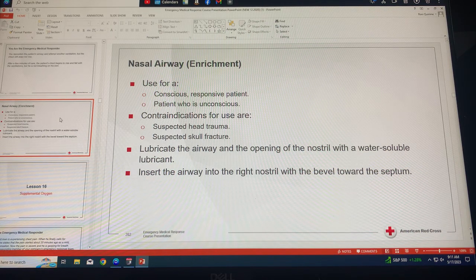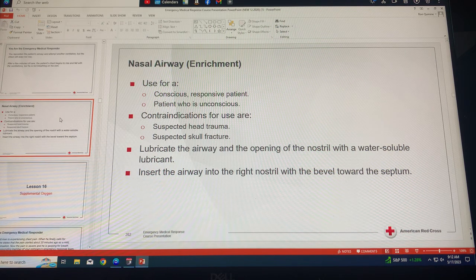If you use the left nostril, you need to ensure that the bevel is inserted toward the septum and the NPA is rotated as you advance it, similar to the OPA, okay? So we have here the nasal airway, used for a conscious responsive patient or a patient who is unconscious.